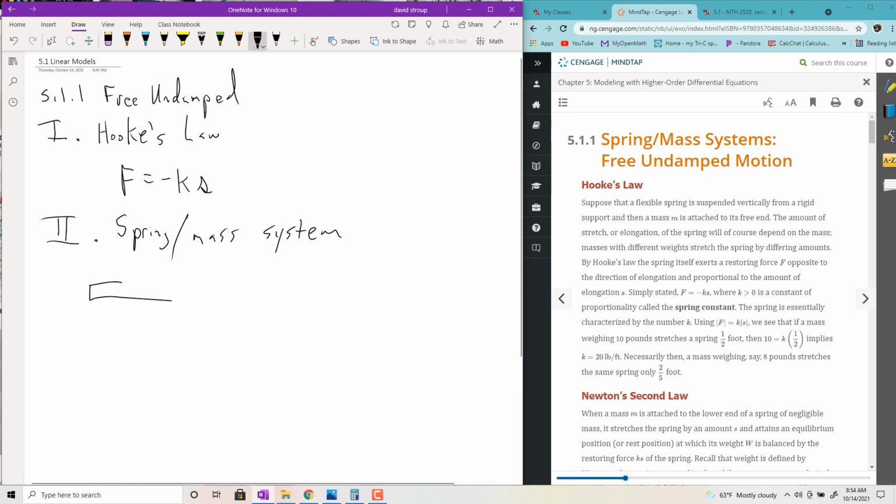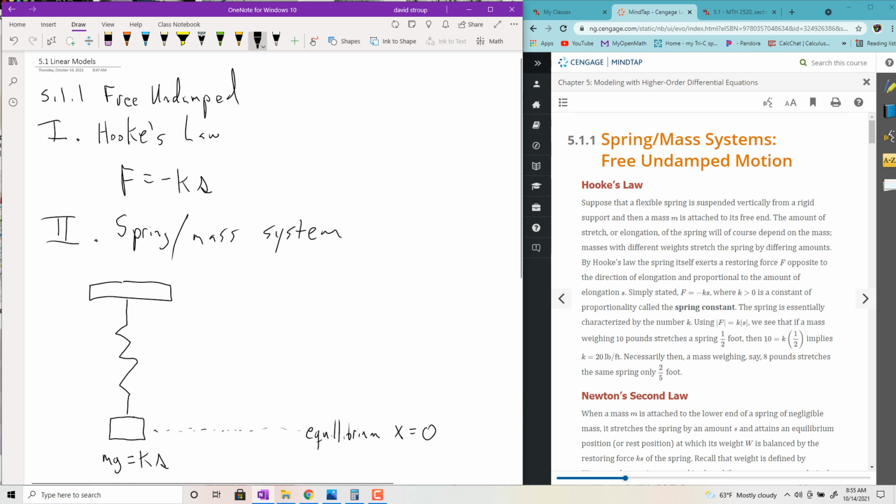As promised, we have a cube hanging from a spring, and when the weight, so mass times gravity, is equal to the restoring force, then the object is considered to be at what they call the equilibrium position. And we'll mark that off with x equals 0.